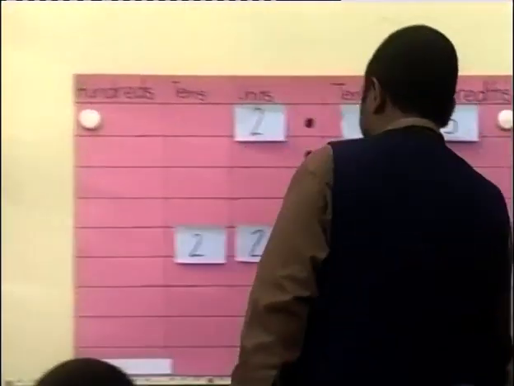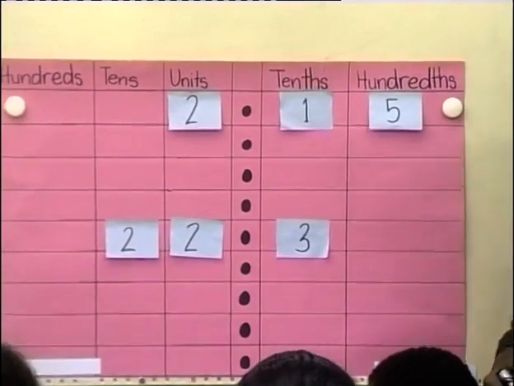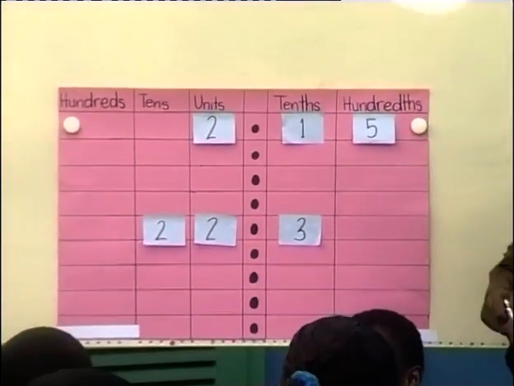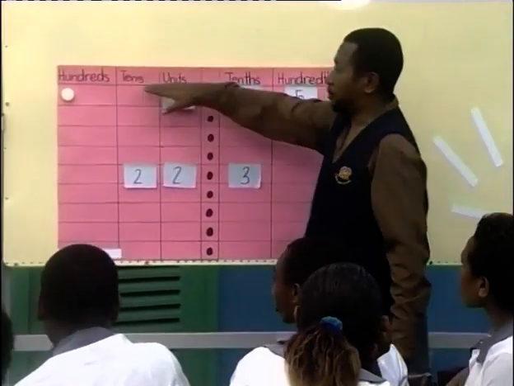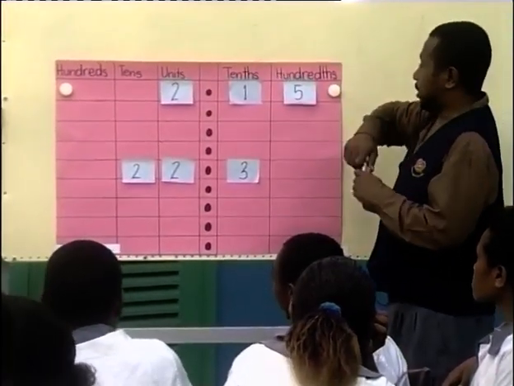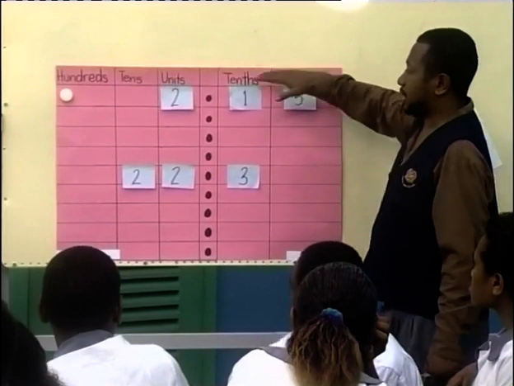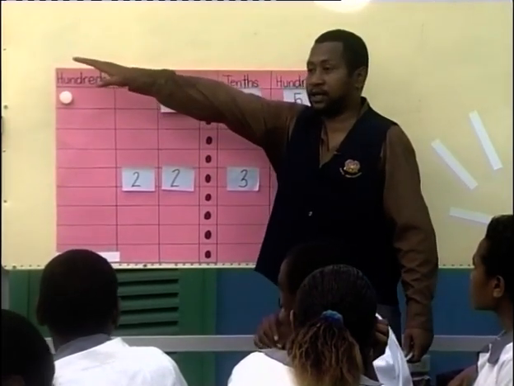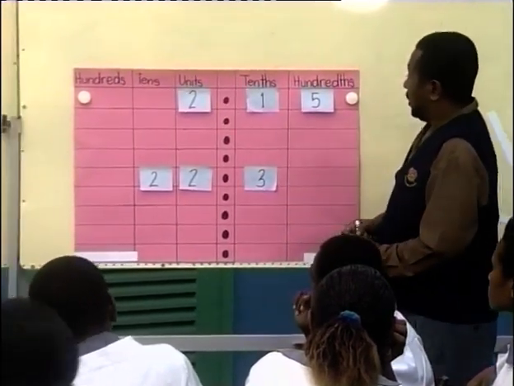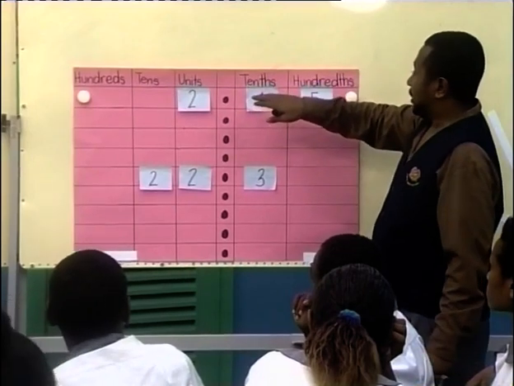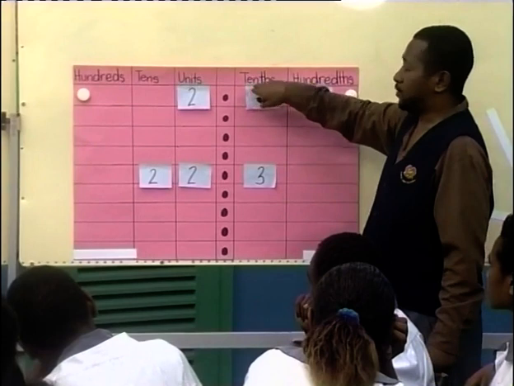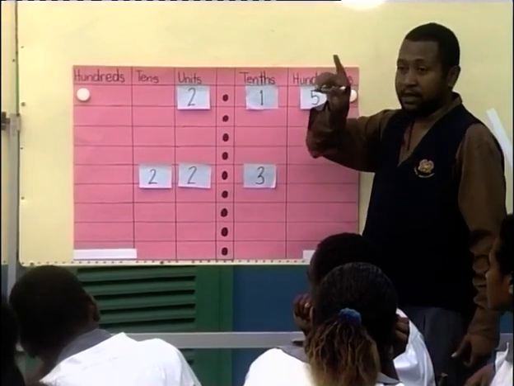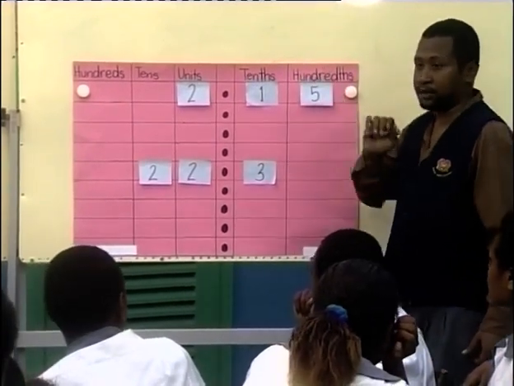Class, let's look at the place value chart. On the place value chart, we have words on the top. Now, we'll start from this side and go in towards the left side. When you look at this side, you will see that at the end of each word, it has 3 common words.